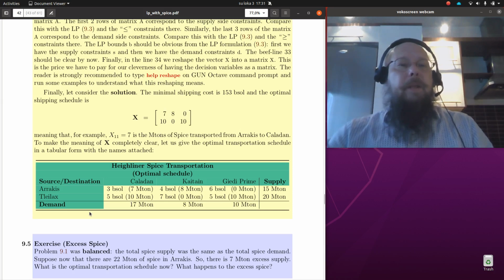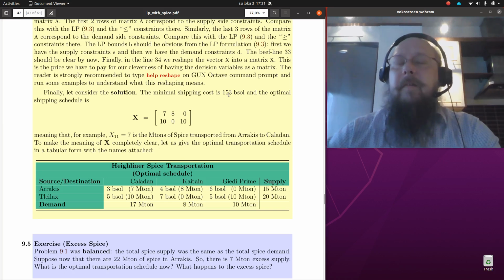So this immediately tells us that, for example, from Tleilax to Kaitain, nothing is transported. From Tleilax to Giedi Prime, 10 megatons is transported, and so on. And the associated cost is, it's not written here, okay, it's here, 155 billion solaris.